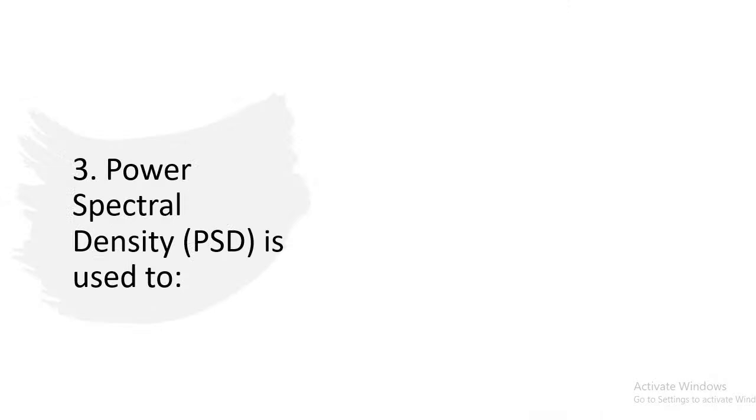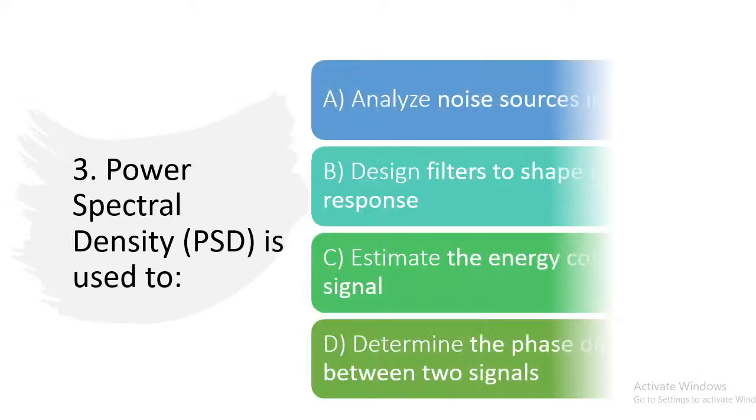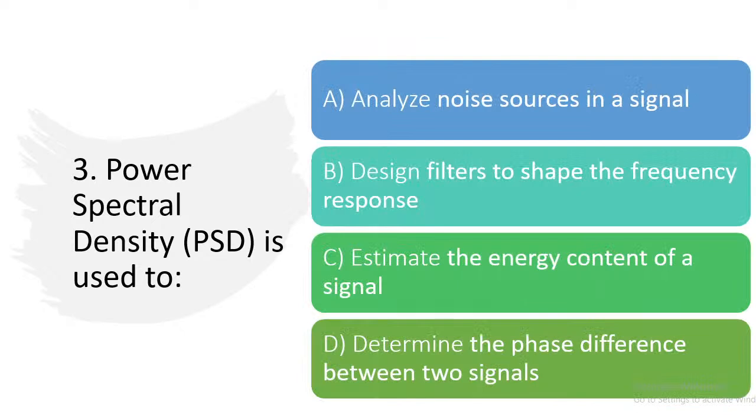Next. Power spectral density is used to analyze noise sources in a signal, design filters to shape the frequency response, estimate energy content of a signal, determine the phase difference between two signals. Time starts now.